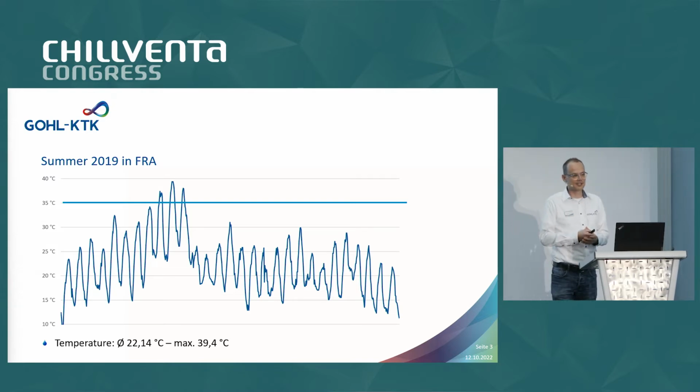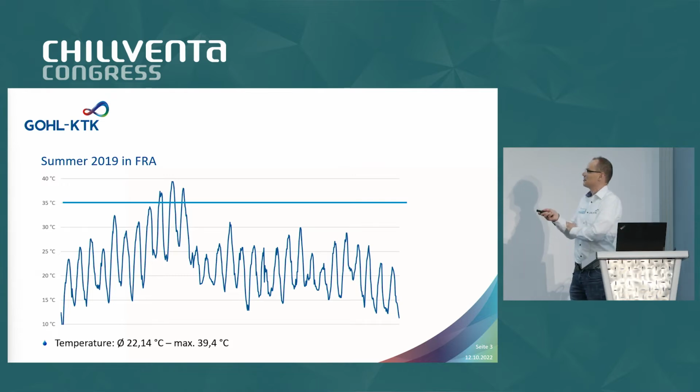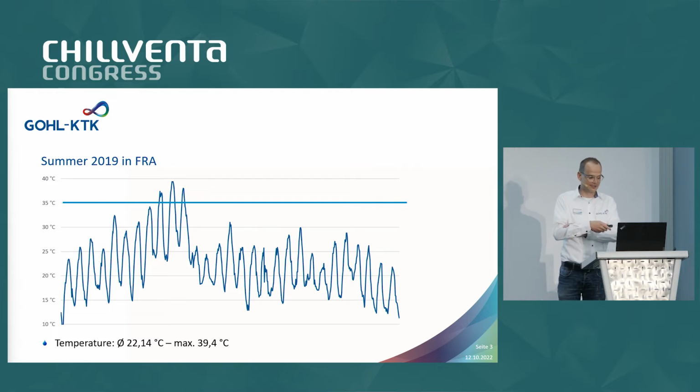So if you have designed a cooling system with a recooling unit at 35 degrees, you will probably have some problems with your refrigeration plant or with the chiller on the 3 days where it exceeds the 35 degrees Celsius ambient temperature.